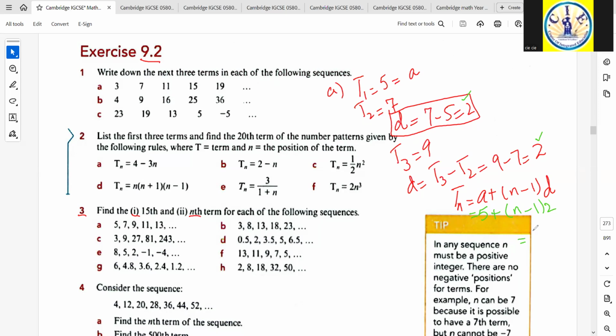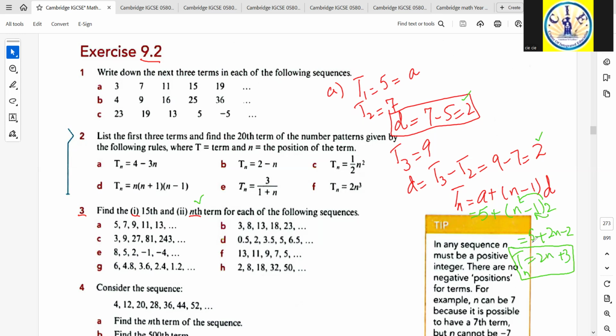So this will give us 5 plus 2 multiplied with n as well as with minus 1, 2n minus 2. So 2n plus 3 is going to be its nth term. So we are done with this. The nth term is 2n plus 3.